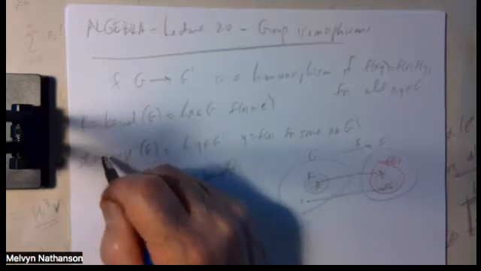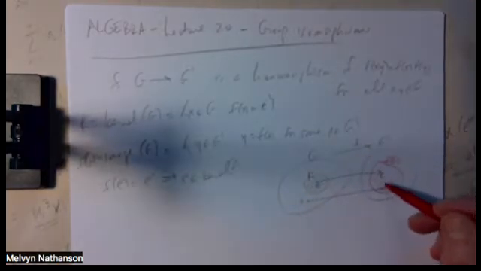This is all the elements in G prime which come from some element in G with this map f. Okay. Any questions about that?